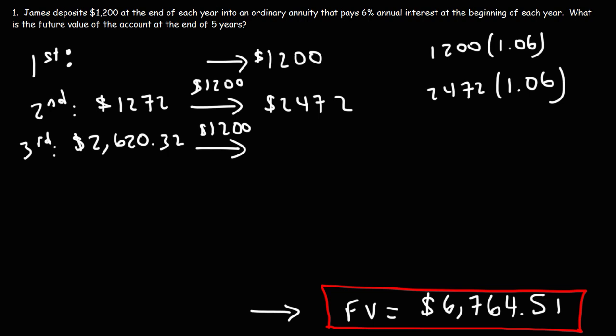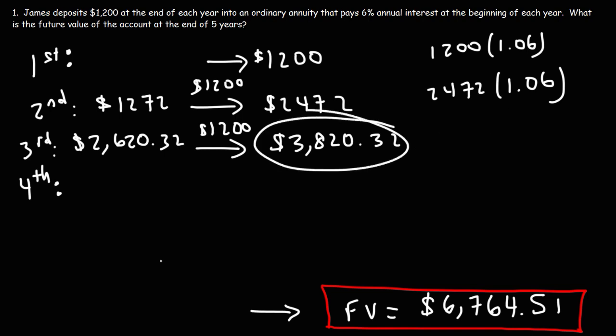So let's add 1,200 to 2,620.32. So at the end of 3 years, the account will have $3,820.32. Now, let's continue the process. To find the account value at the beginning of the fourth year, let's take this number and multiply it by 1.06.